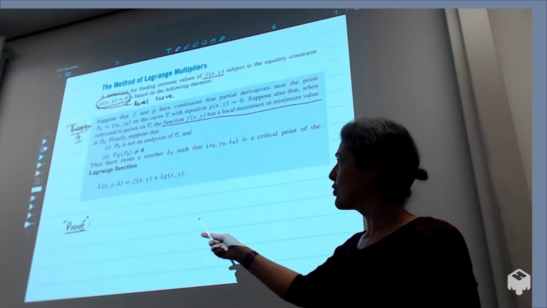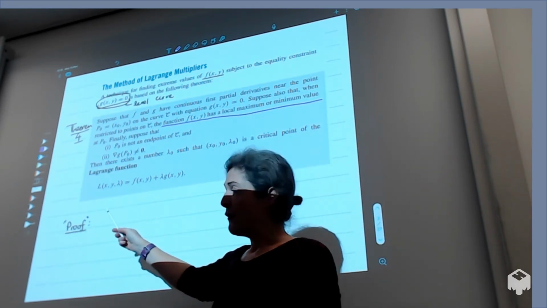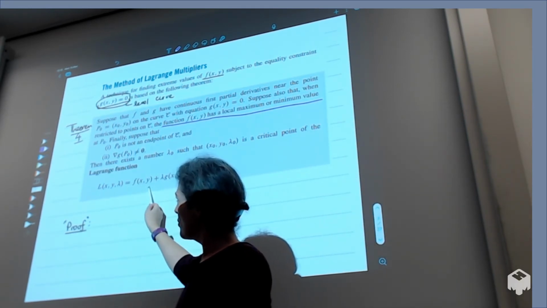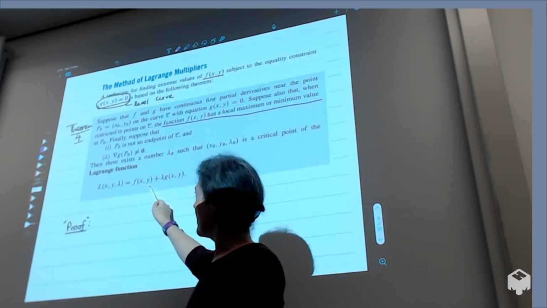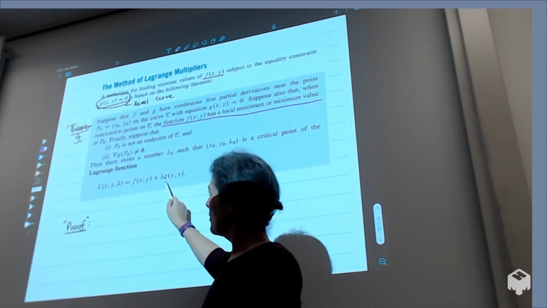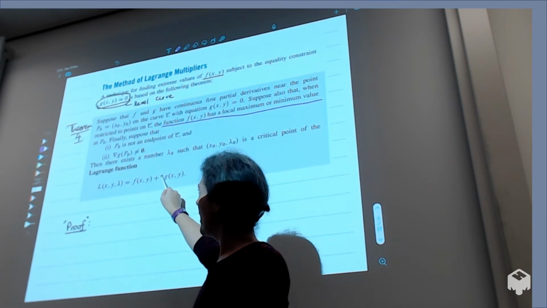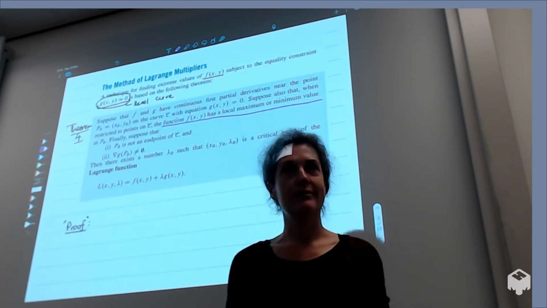What does the Lagrange function look like? It looks pretty straightforward. It has the thing that we're trying to maximize or minimize, plus some constant lambda times our constraint.